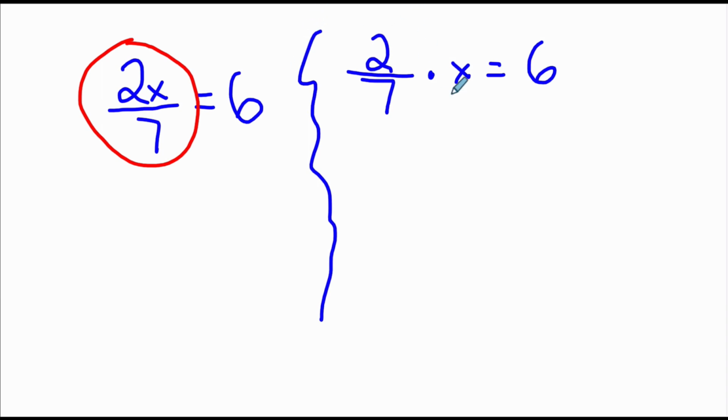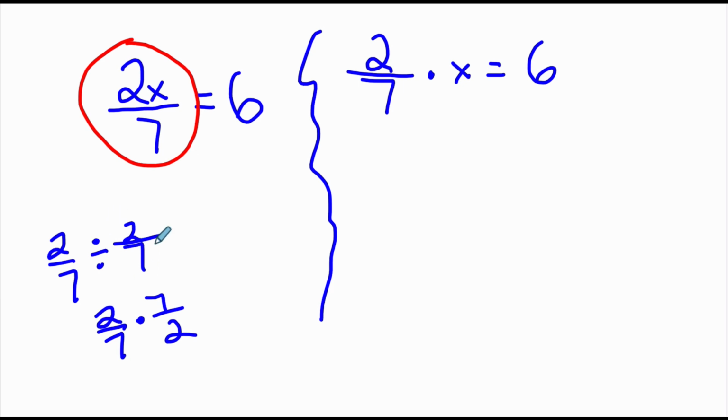Anyways, the opposite of times 2/7 is divided by. So I know that my inverse operation is going to be division. But if you think for a moment, dividing by 2/7 is the same thing as multiplying by the reciprocal.